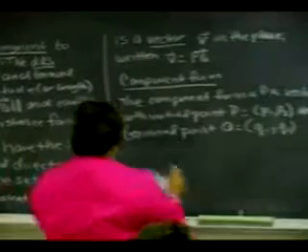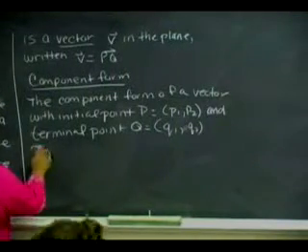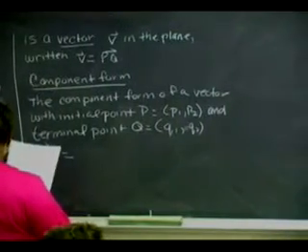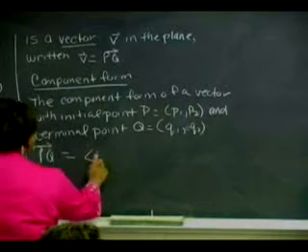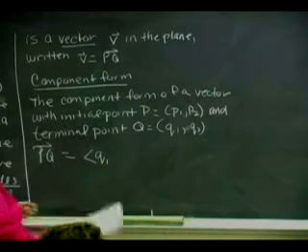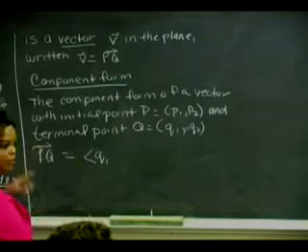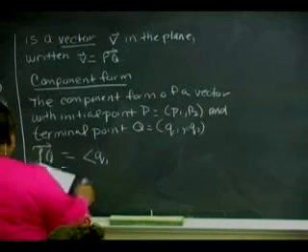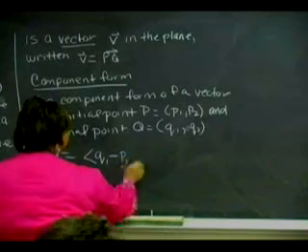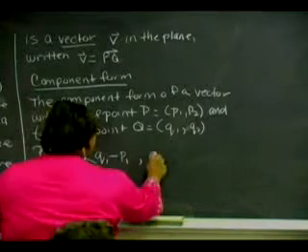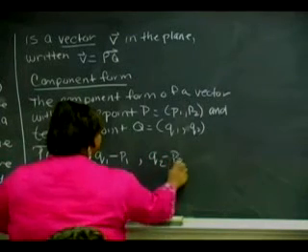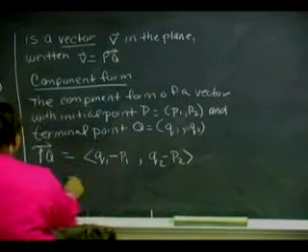Then the component form of this directed line segment PQ will be, and we draw the little backward equal signs here to denote that this is in component form, Q1 minus P1 is the first component. Q2 minus P2 is the second component.